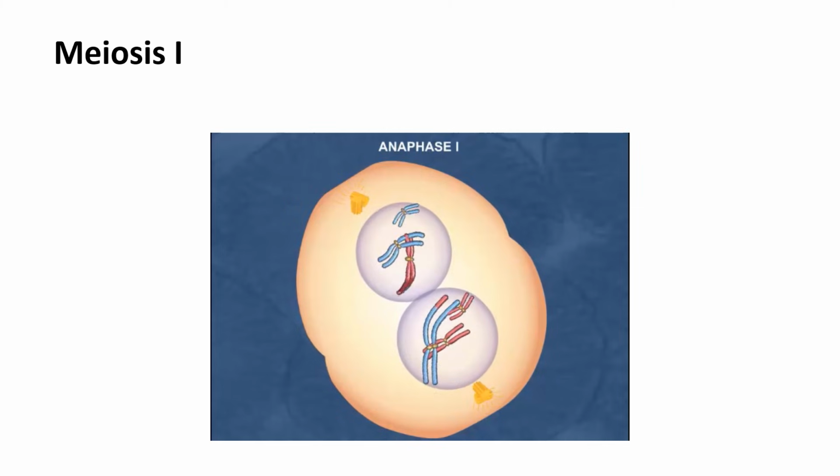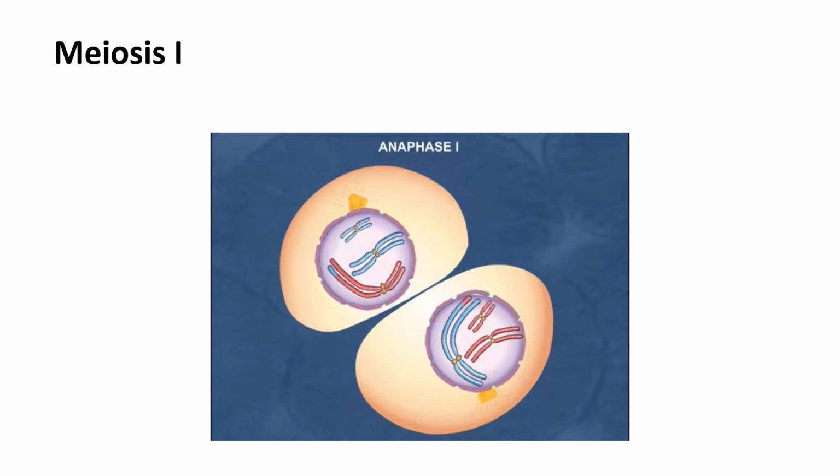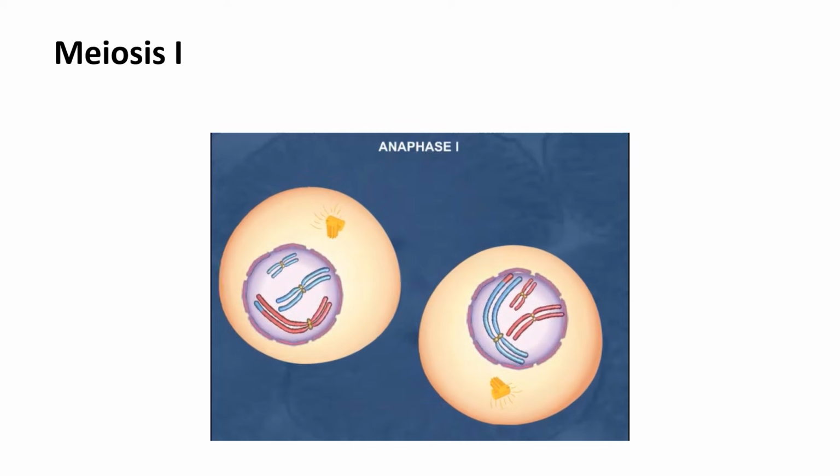A cleavage furrow forms, and cytokinesis ultimately results in two cells, each having the haploid chromosome number, with each chromosome consisting of a pair of sister chromatids. This completes meiosis I, and after a period of interkinesis, the two daughter cells start the second cell division cycle called meiosis II.